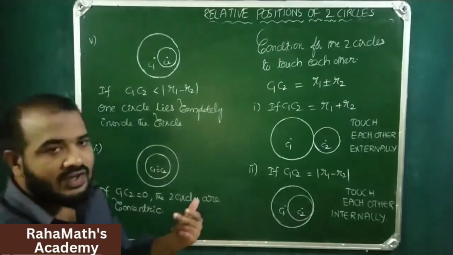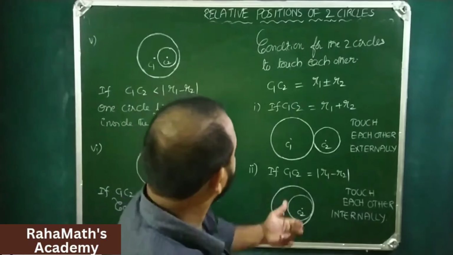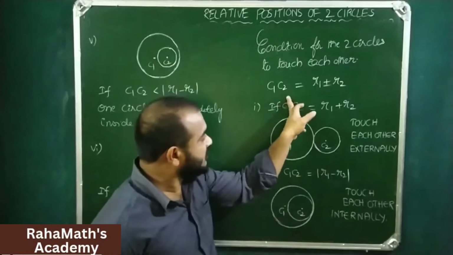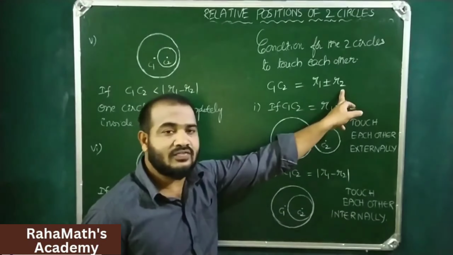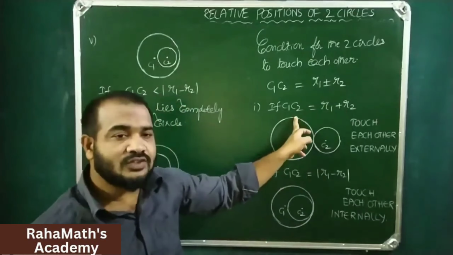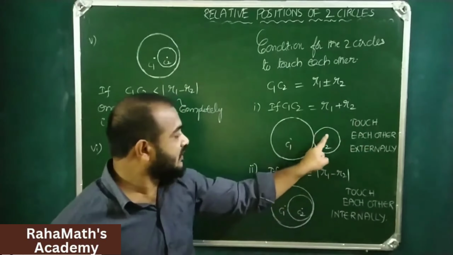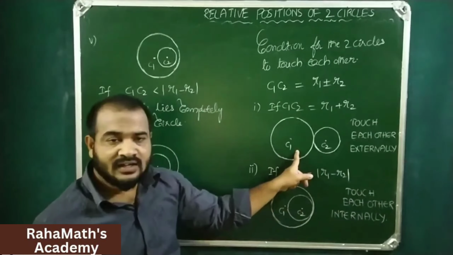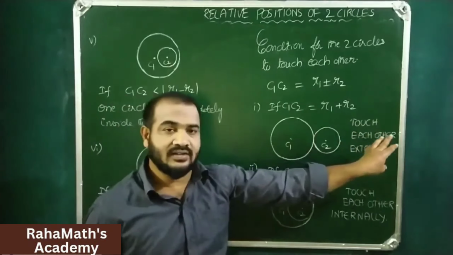What we have understood is that the condition for the two circles to touch each other is C1C2 equals R1 plus R2 or R1 minus R2. If C1C2 equals R1 plus R2, the two circles touch each other externally. One circle touches the other circle from outside.